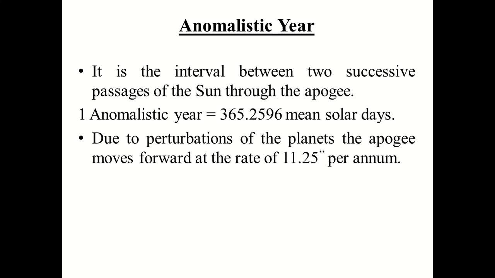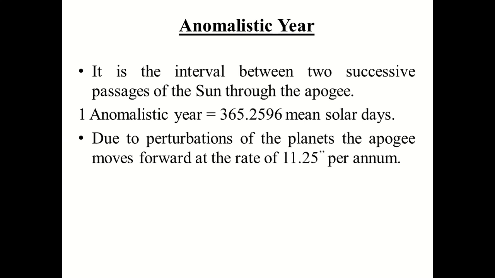When the angular diameter of the sun is least in two successive instances, the time interval between them gives us the anomalistic year. One anomalistic year is 365.2596 mean solar days.